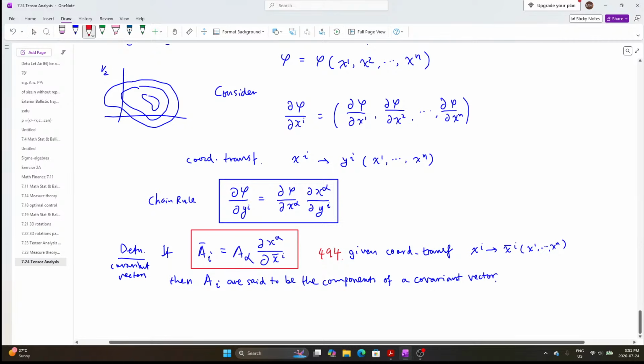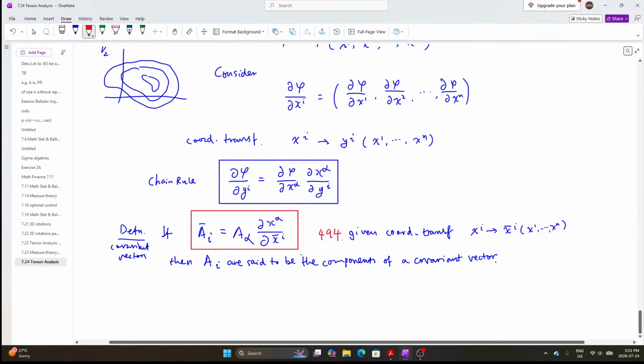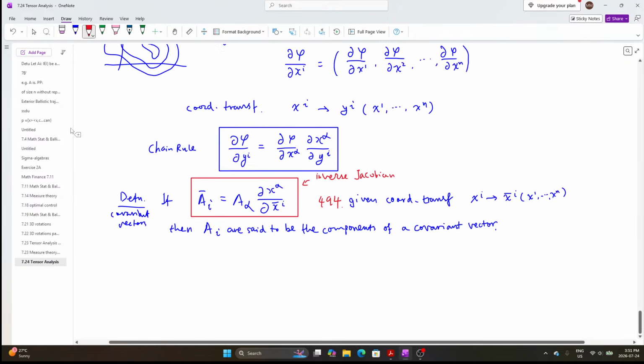But as of now, can we write 494 in matrix form? Remember, here we're dealing with the inverse Jacobian. The key here is absolutely the fact that we're using the inverse Jacobian. So how would we rewrite this in matrix form?